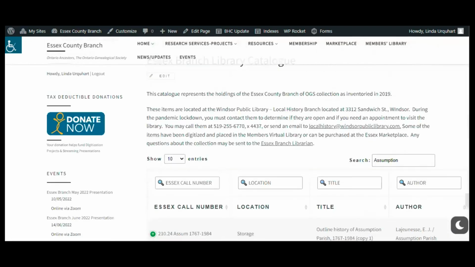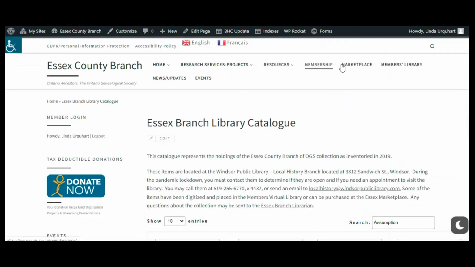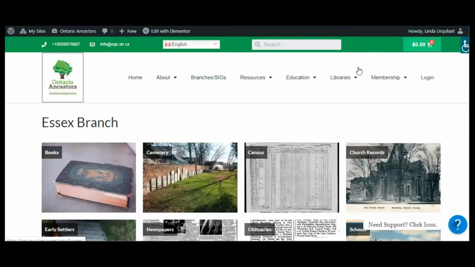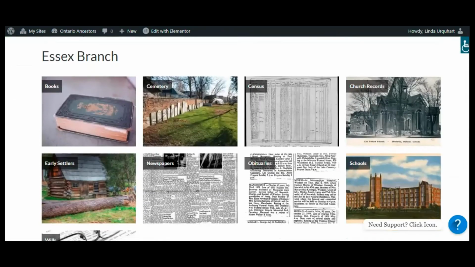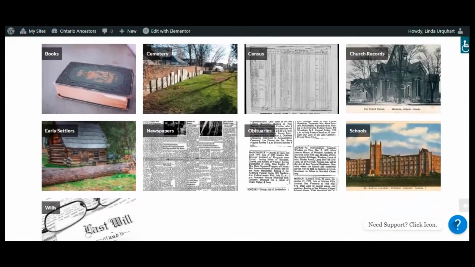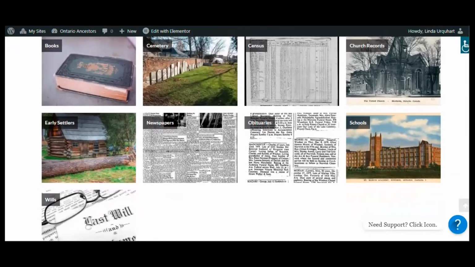So continuing on then, I mentioned about the marketplace. When you click on that, it takes you to the Ontario Ancestors website, but will take you directly to the Essex Branch marketplace.